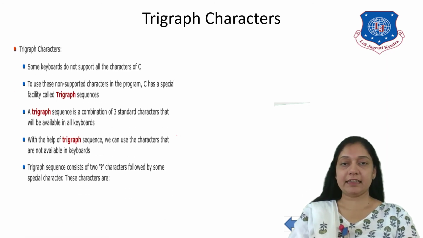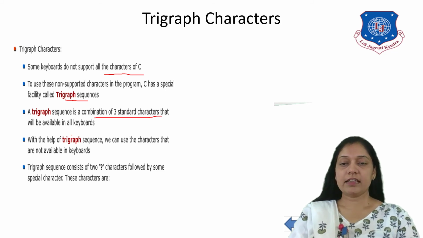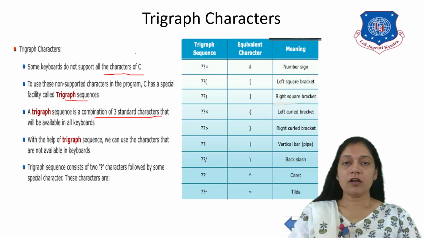Then we have trigraph characters. Trigraph means 3 characters. There are many basic keyboards which do not have some specific character keys. So if your keyboard does not support all the characters of C, then we can go for trigraph characters, which are a combination of 3 standard characters. As you can see in this table, each trigraph character starts with a double question mark.